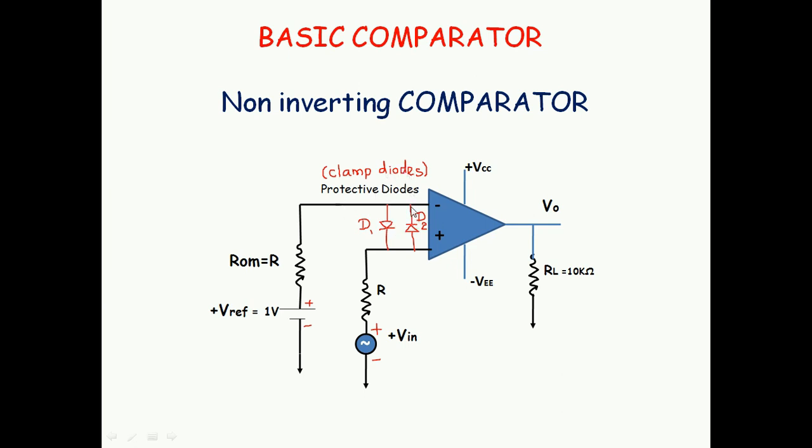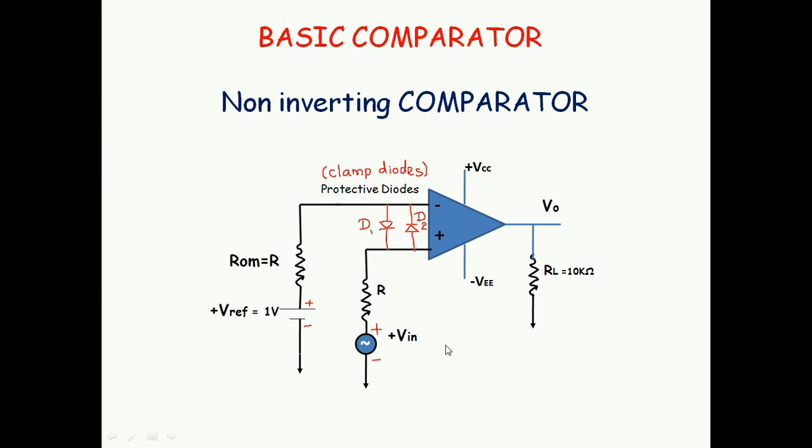Why? Because when we find the difference voltage, that is VID of the operational amplifier, due to these two diodes connected, VID will be clamped either to plus 0.7 volt or to minus 0.7 volt. Hence these diodes are known as clamp diodes.